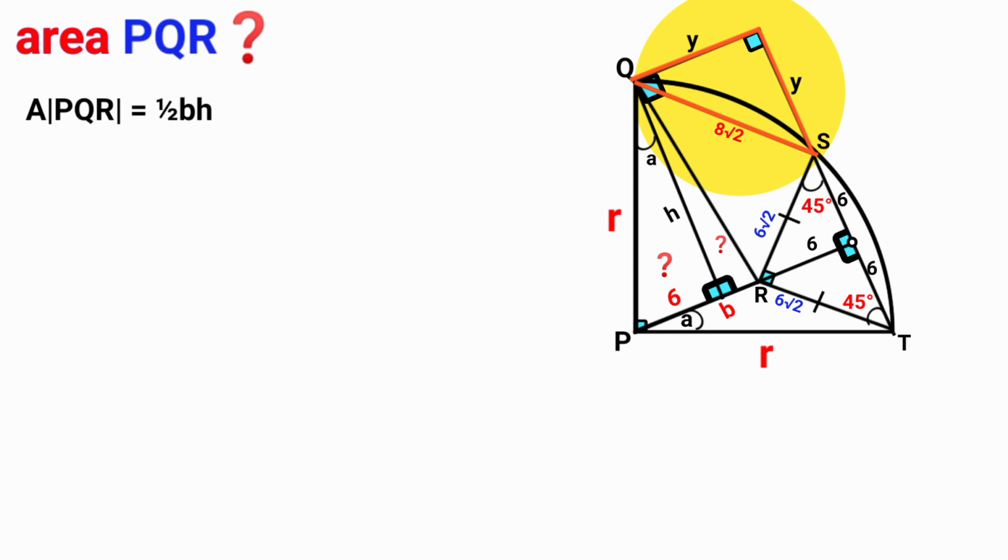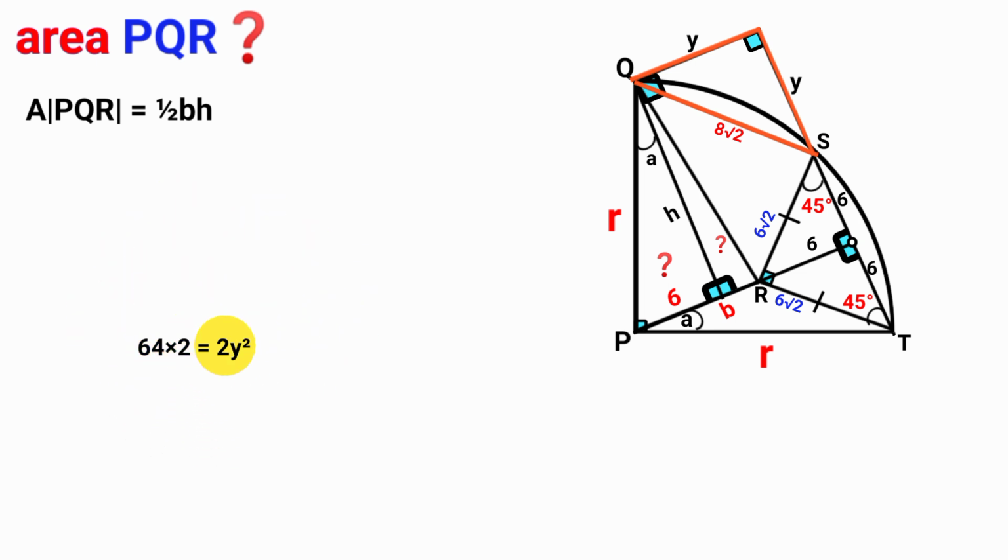From the triangle, if you use the Pythagorean theorem, the square of this 8√2 must be equal to the sum of the squares of this y and this y. So 8√2 all squared equal to y squared plus y squared. 8√2 all squared is 64 times 2. Y squared plus y squared is 2y squared.